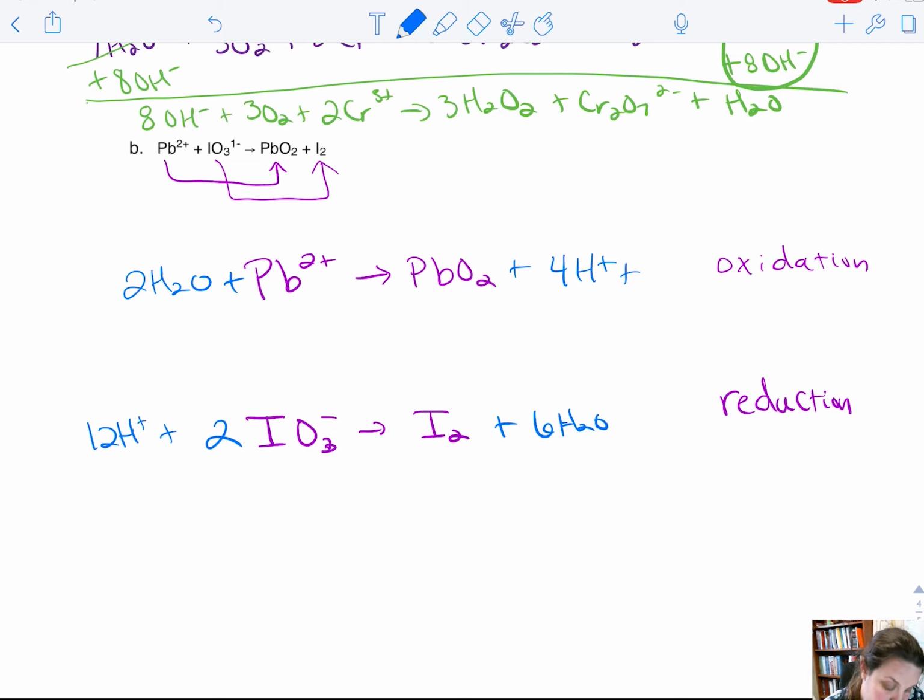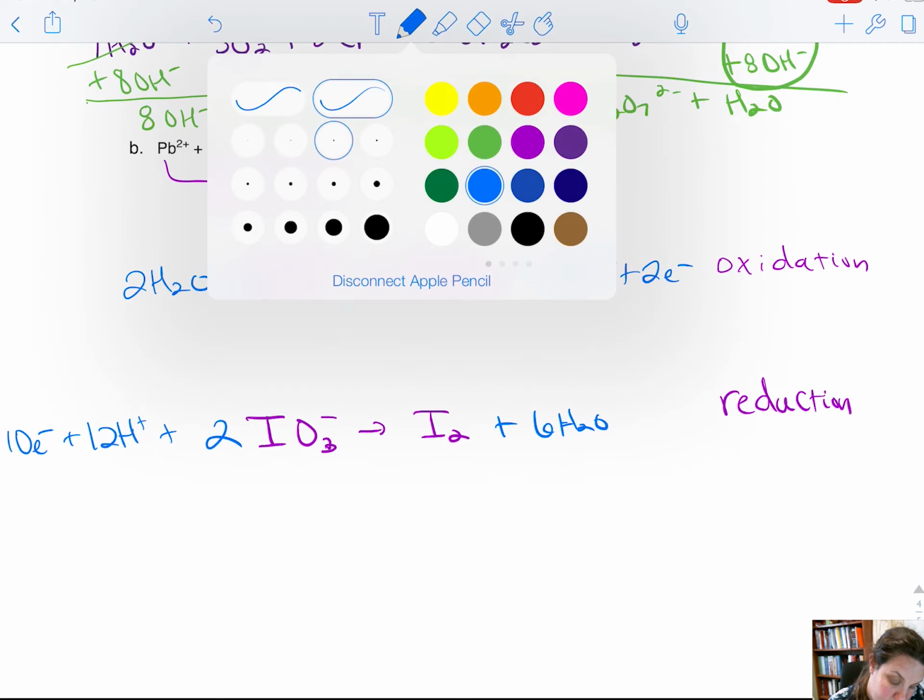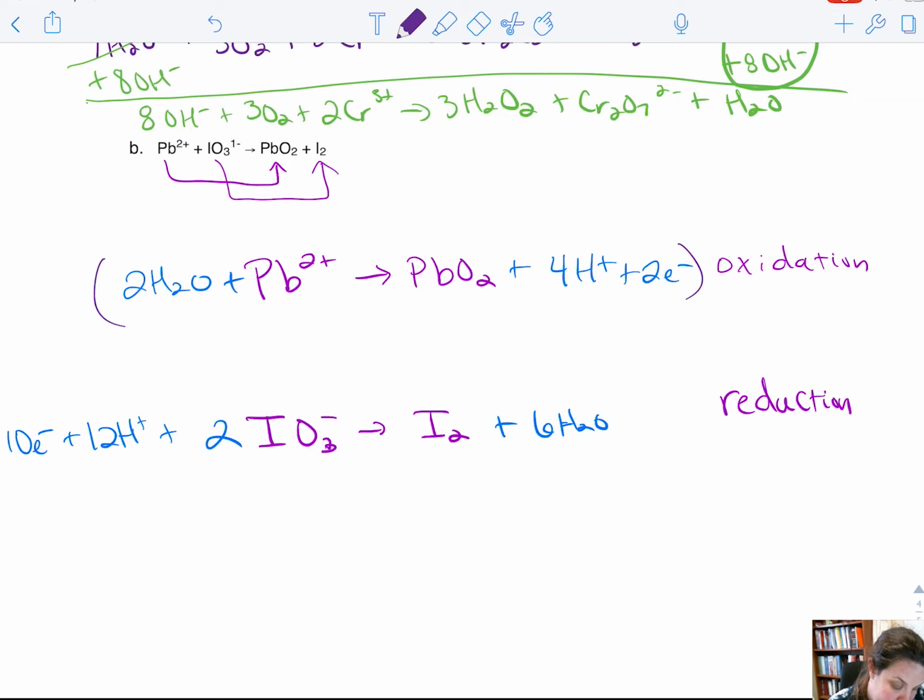So we have +2 on the left side, +4, so we need to add 2 electrons. And then we'll balance out our electrons on the bottom one. We have +10, and then 0, like so. So we multiply this by 5.